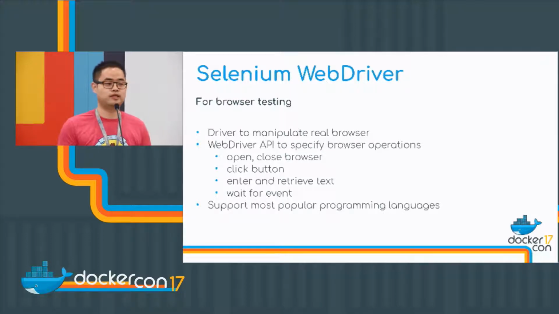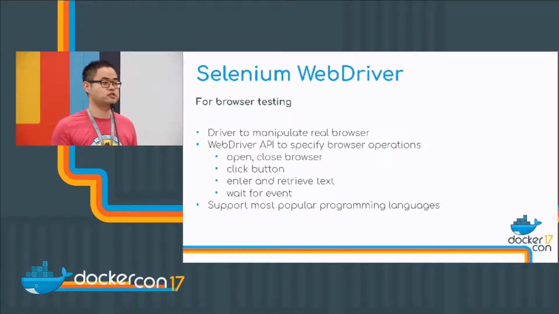It can also click buttons on a page, enter user credentials in the login form, or wait for some element in the page to show up. WebDriver APIs support most popular programming languages, so any developers or testers can easily pick up and start automating tests.